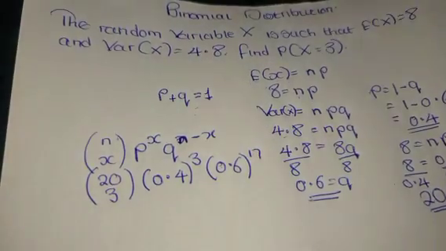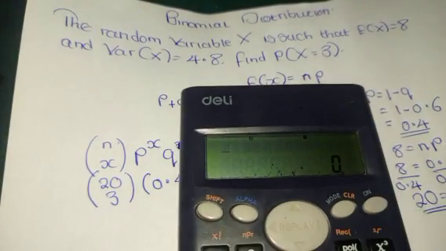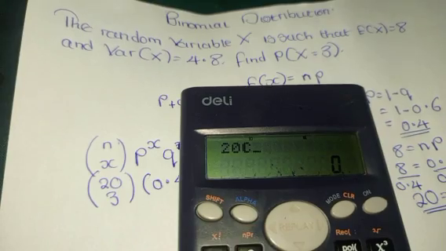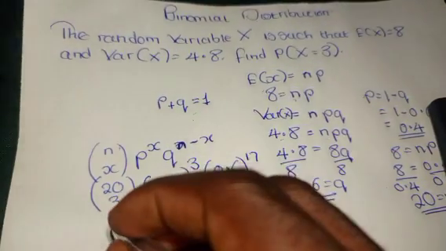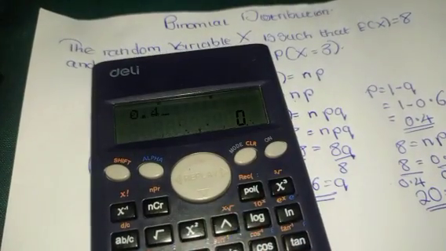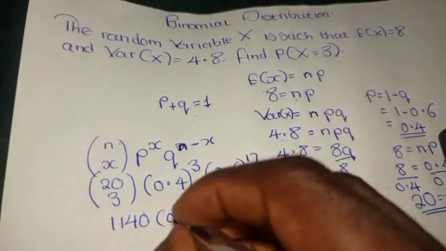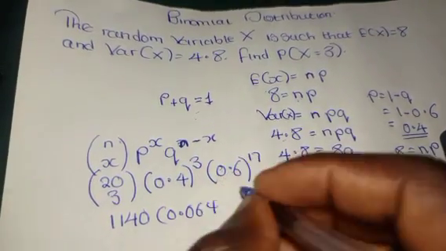So we'll just punch it on our calculator. Remember, this simply means 20 combination 3. So 20 combination 3, we get our answer to be 1140. Then we have 0.4 to the power 3, where you get 0.064.